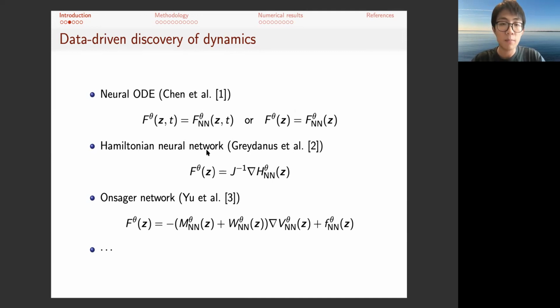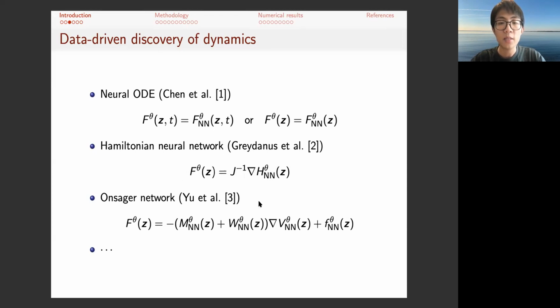So we can see it as some sort of purely data-driven approach. There is another method called the Hamiltonian neural network, which assumes that the right-hand side of the equation takes a specific form. Basically, it assumes that the data is generated from a Hamiltonian equation. To handle this specific type of data, they parameterize the right-hand side of the equation to be J inverse times the gradient of H_NN, where H_NN is a standard feed-forward neural network.